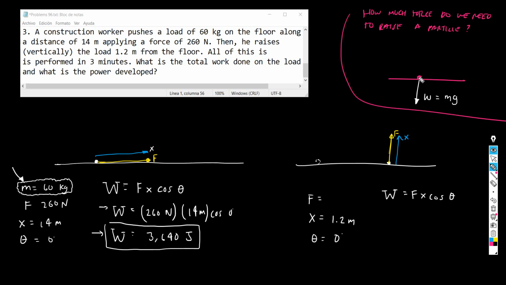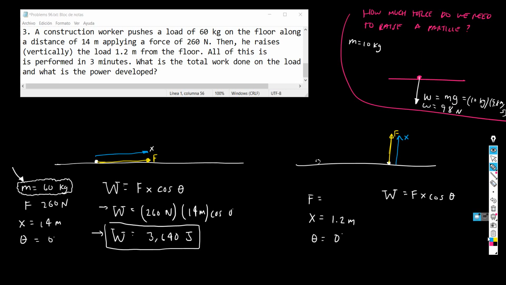Okay, so for example, let's suppose that this particle in particular has a mass of 10 kilograms. Then the weight of this particle is going to be 10 kilograms times 9.8 meters per second squared. Sorry about this, it's not fitting. And then, when you calculate this, the weight is going to be 98 newtons. So that's the weight of this particle.